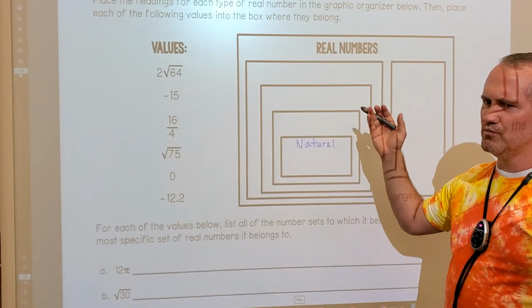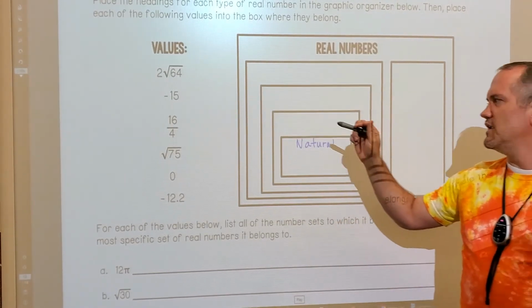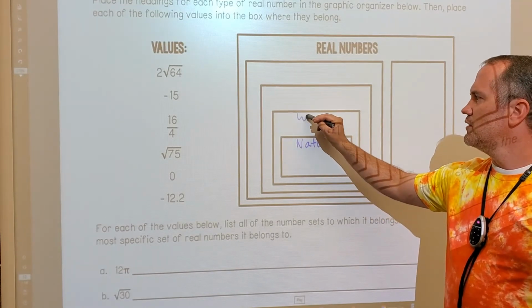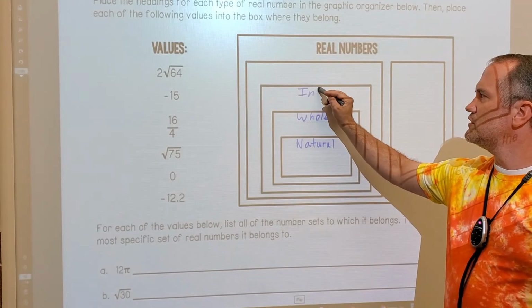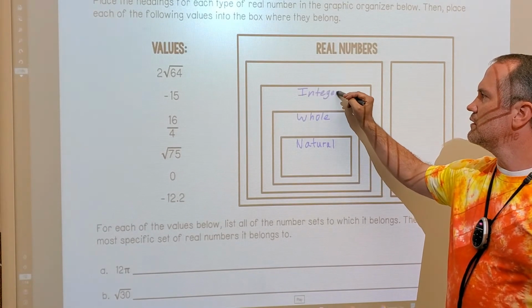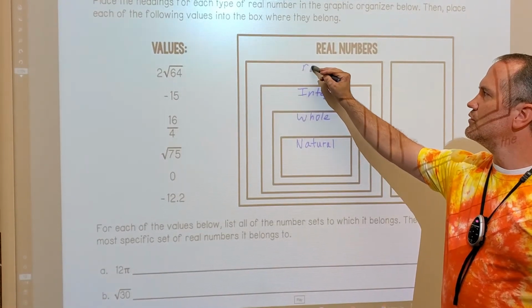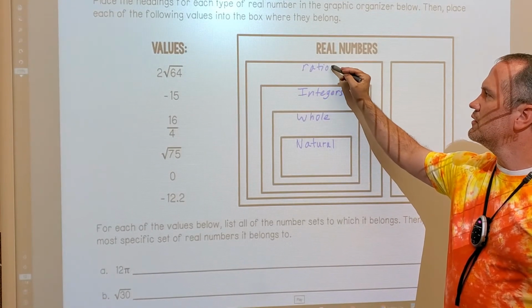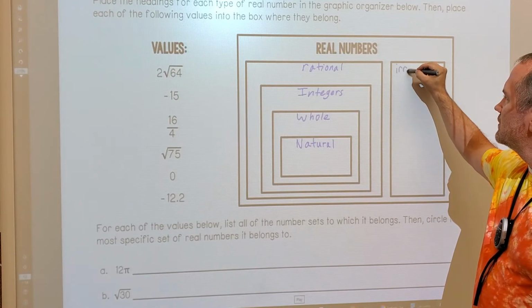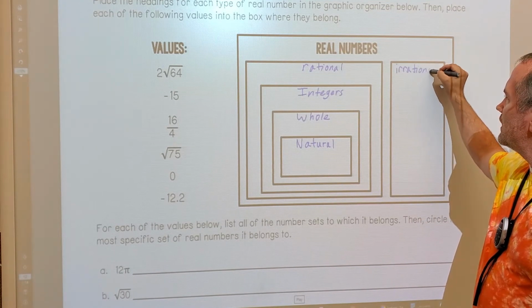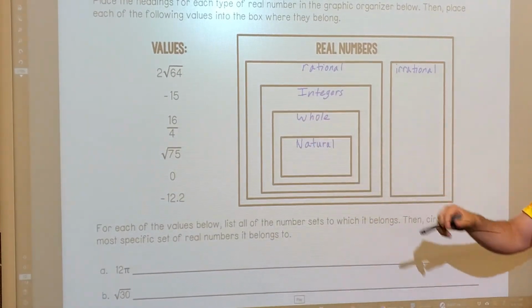I was surprised when we bought this curriculum that it had that in there. So natural numbers, then whole numbers, then integers, then rational, and over here irrational. And they're all real numbers. All of the numbers we're dealing with are real numbers.